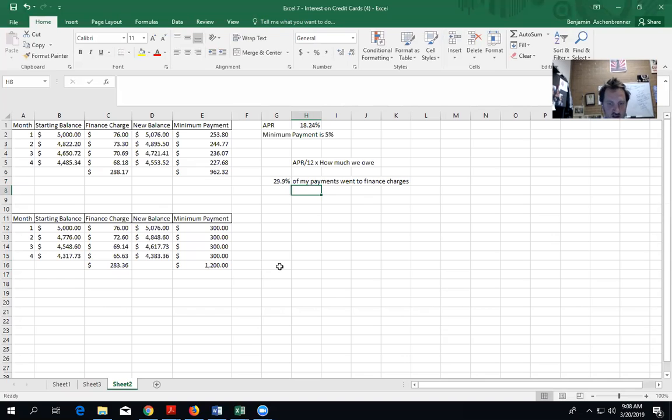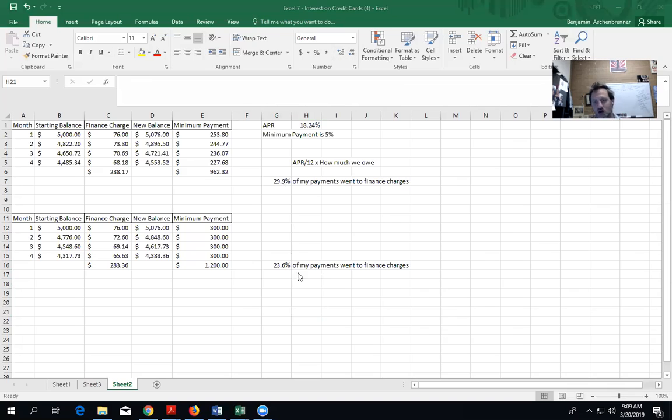In the second scenario, I'm going to do the same ratio. I'm going to take my finance charge and divide it by my total payments. Okay, and so I can copy that sentence because that's the same thing. I'm going to change this to a percentage, give myself another decimal, and now I have a different statement, right?